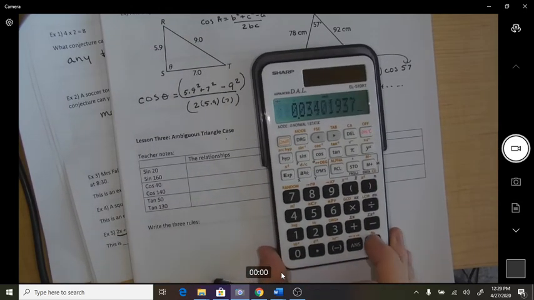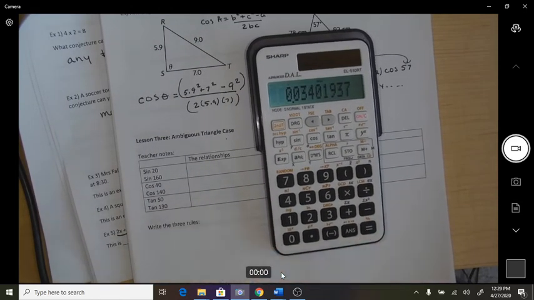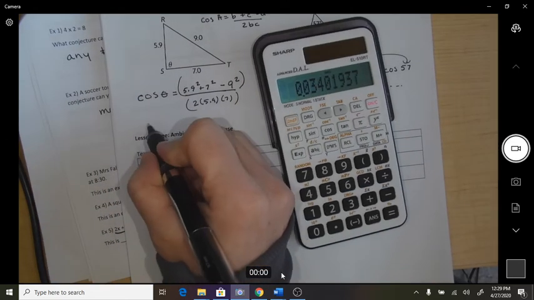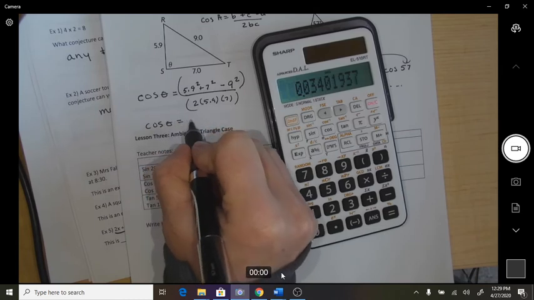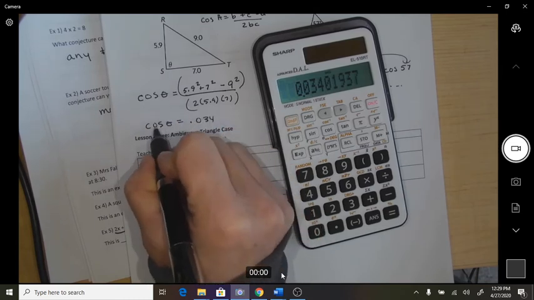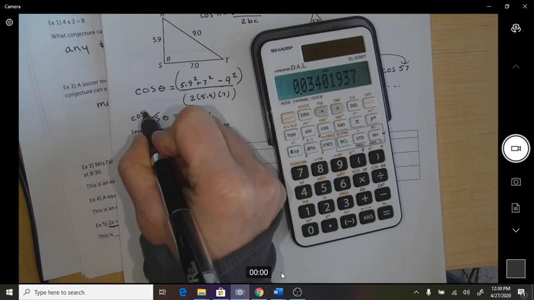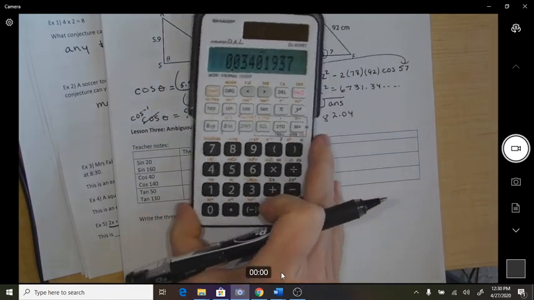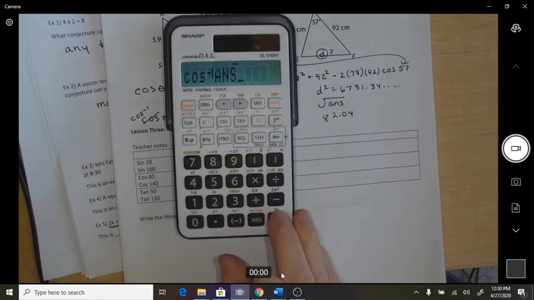Okay, equals. And again, as soon as you're ever finding an angle, this is what I have, and I want to get rid of the cos, so I would have to cos inverse. So don't forget that last one was sine inverse. This is cos inverse of that answer, and I get 88.1 degrees.